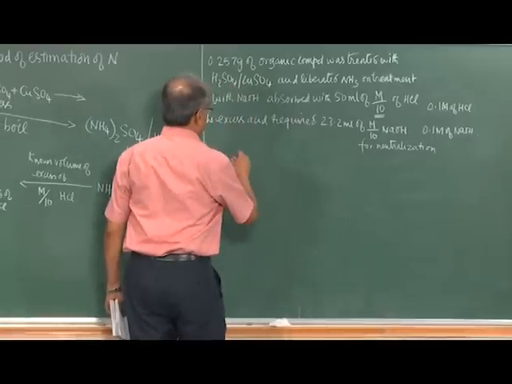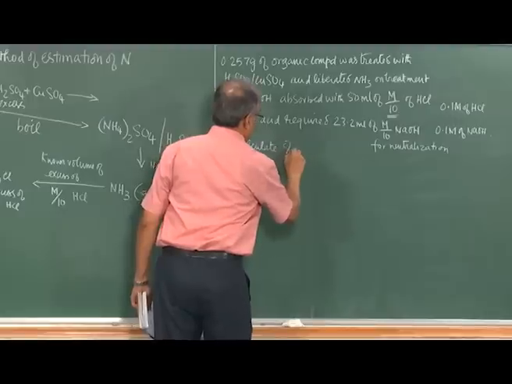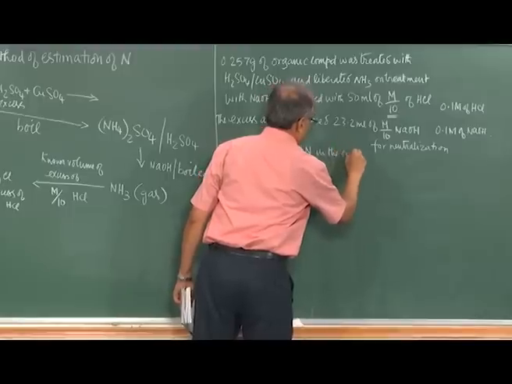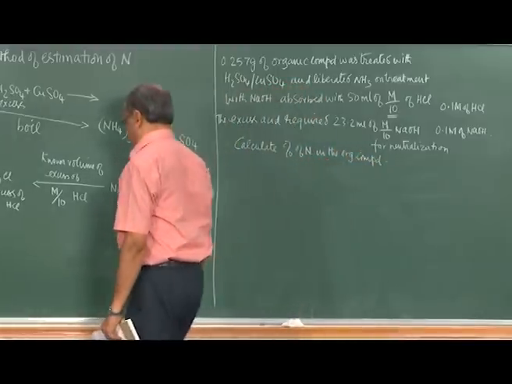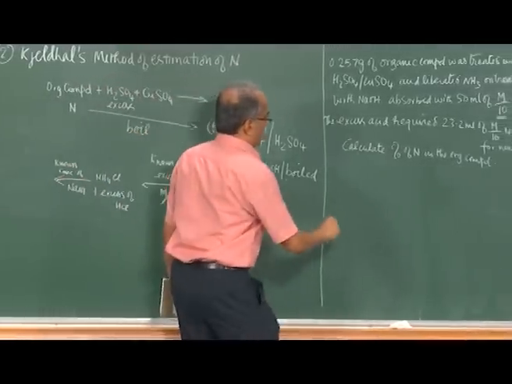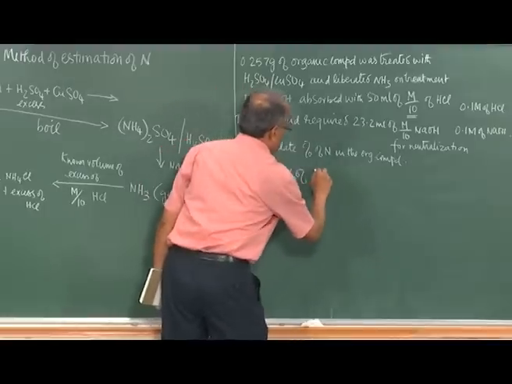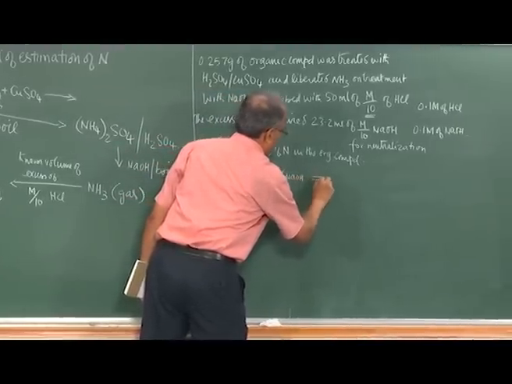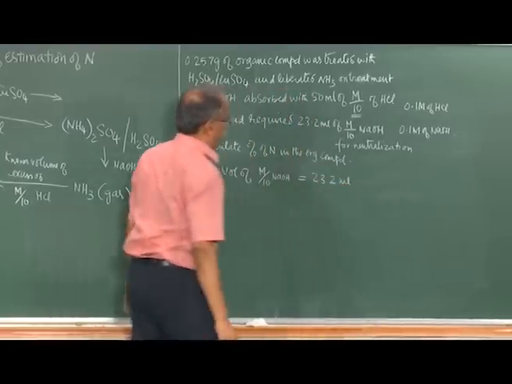So, from this calculate the percentage of nitrogen in the organic compound. This is the question that needs to be addressed. Now, the volume of M/10 sodium hydroxide needed for the neutralization is 23.2 milliliters.